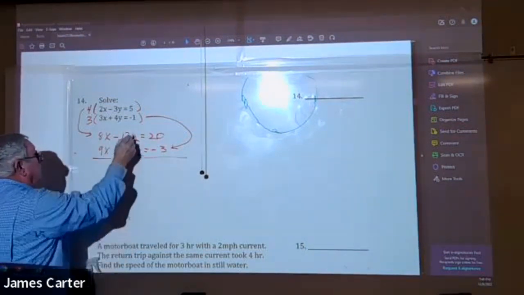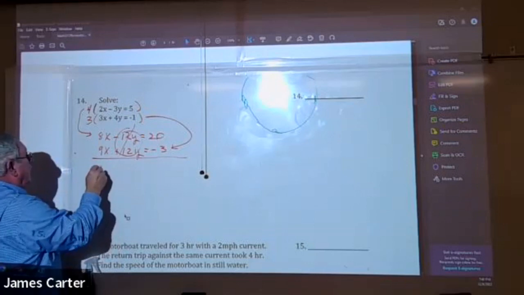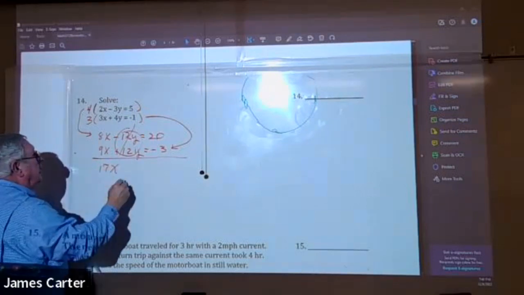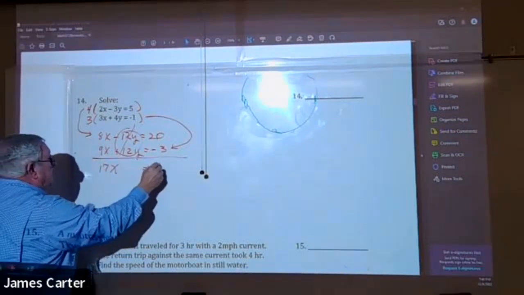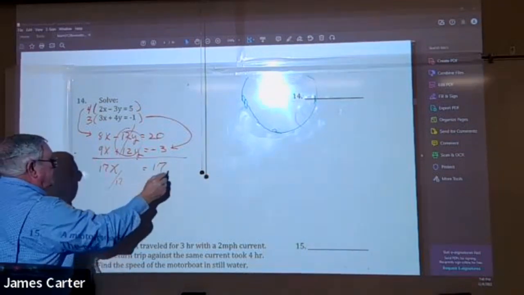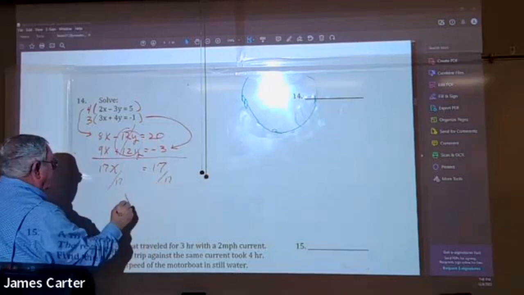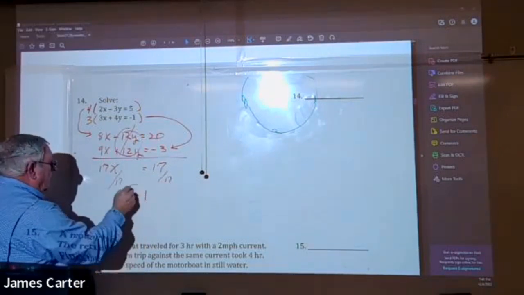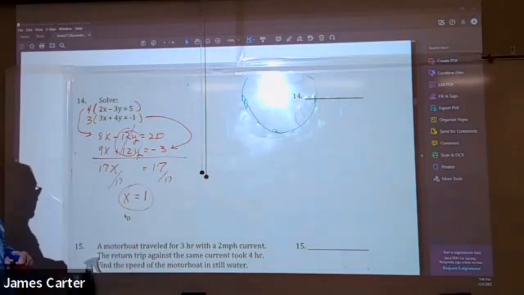So I can add them. These two go away, and I get 17x here, and I get 17 in there, very conveniently. Divide by 17, divide by 17, x equals 1. That's my first answer. Questions before I go on?